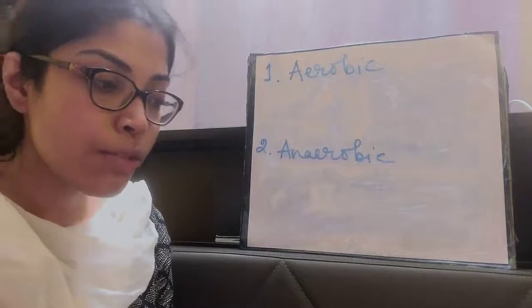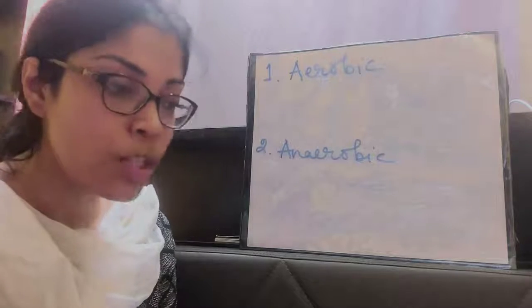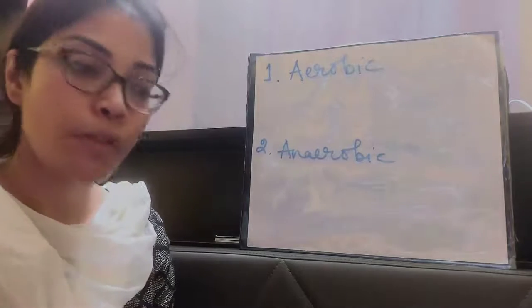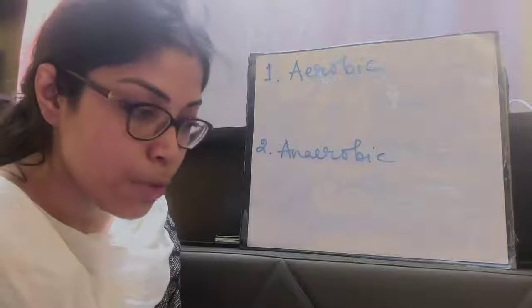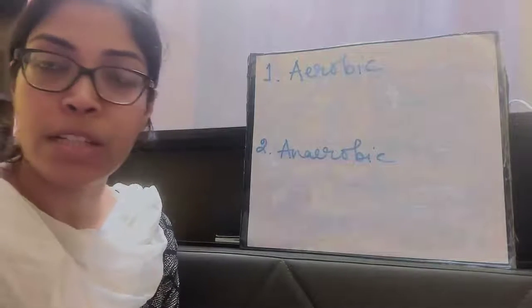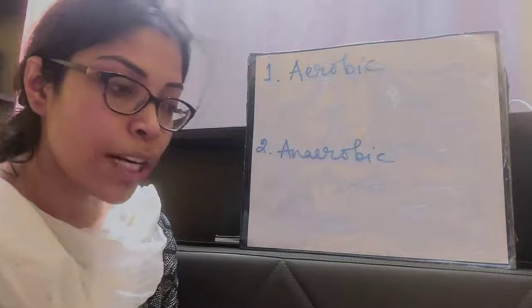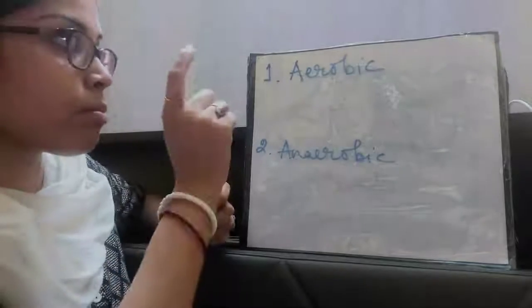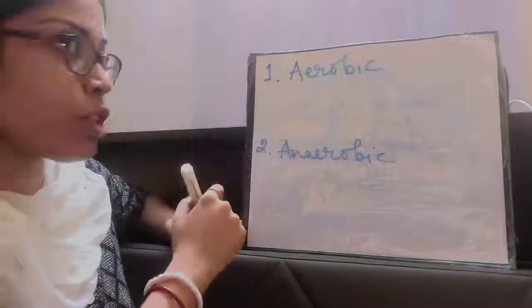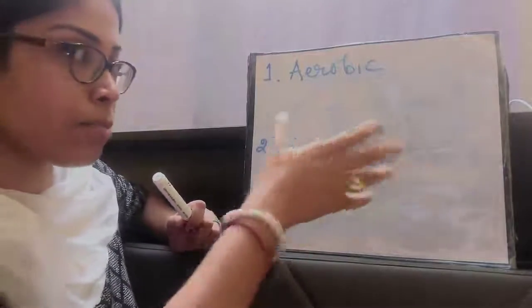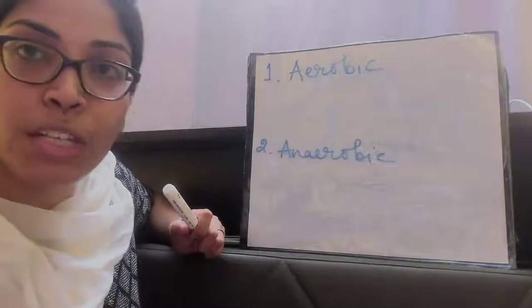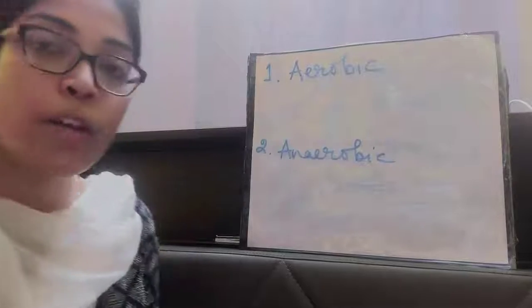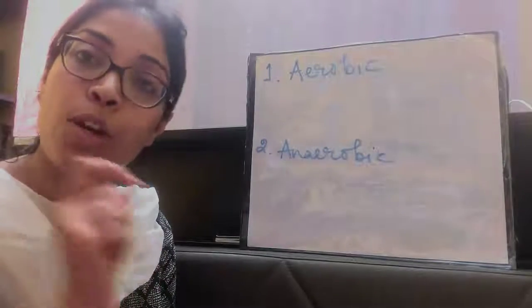I'm talking about aerobic respiration first, look into your book. When the oxidation of food, which is glucose, takes place in the presence of oxygen, it is called aerobic respiration. In this process, glucose is completely oxidized to form carbon dioxide and water. The equation that I wrote in the previous video is basically the equation of aerobic respiration, because there was oxygen.